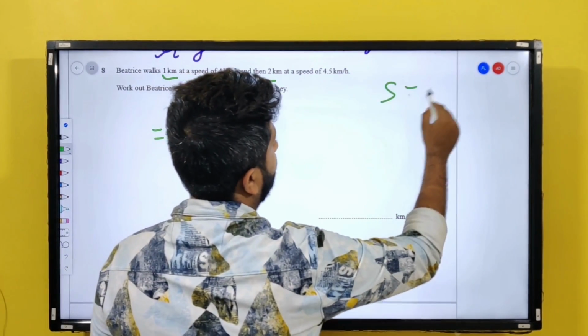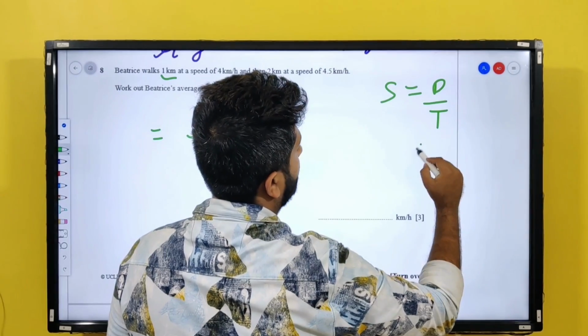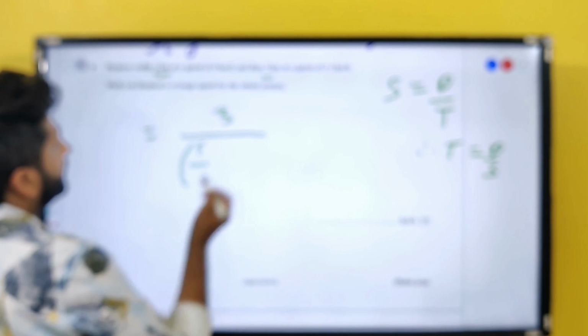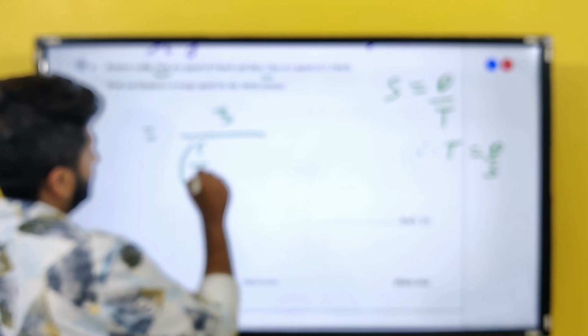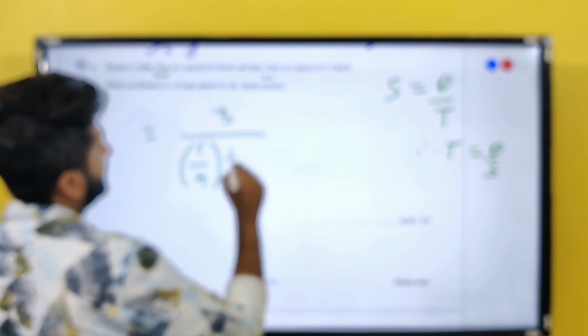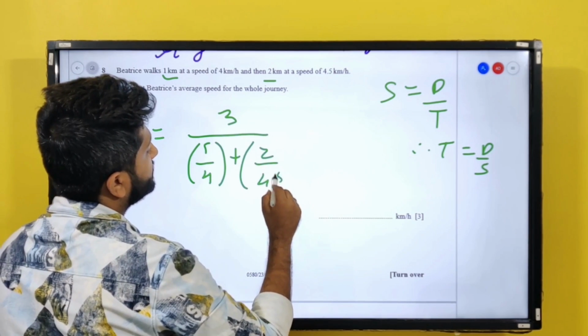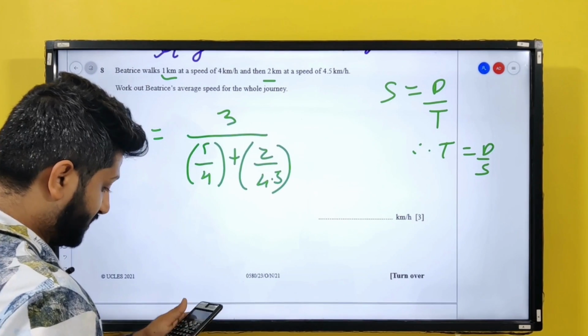Total time is, see, for the first part of the journey, we know the formula of speed is distance upon time. Therefore time is equal to distance upon speed. So for the first part of the journey, the distance is 1 kilometer and the speed is 4. And for the second part, the distance is 2 kilometers and the speed is 4.5.